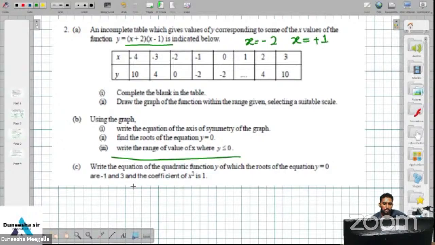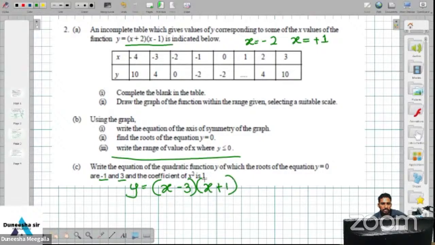Then what should be the equation of -1 and +3? x equal -1, x equal 3, then (x minus 3)(x plus 1). It should be the equation.